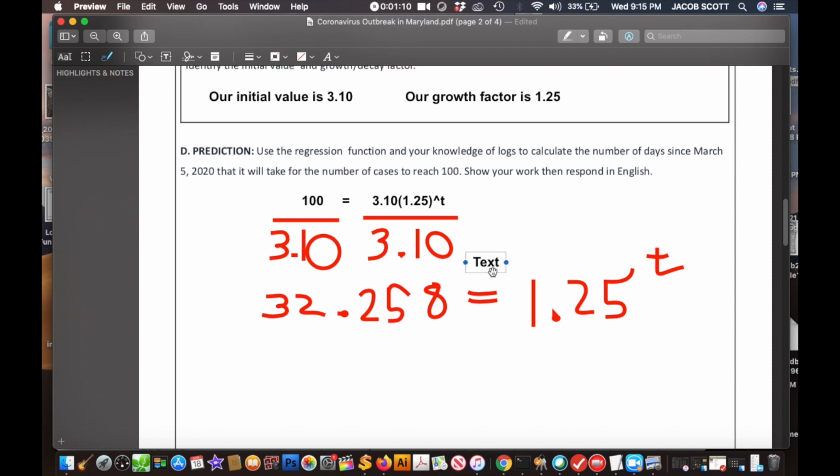So basically, log of 32.258 equals the log of 1.25 raised to the t.